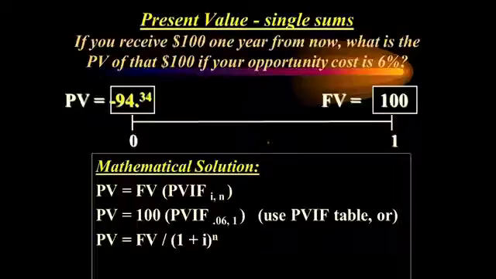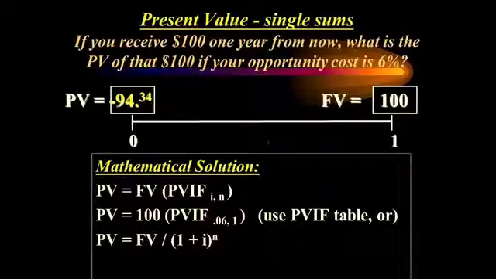But the table can be used only when you have a round rate of interest and a defined number of years without decimal or fraction. Now if you look at the present value interest table, you look at 6% for year 1, and the factor value is 0.943.